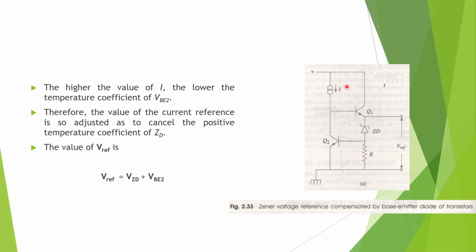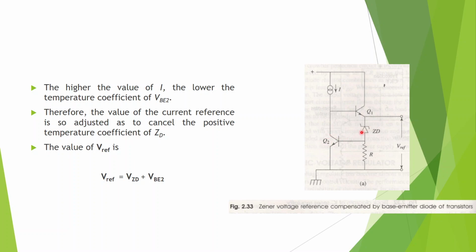So this value is so chosen that this temperature coefficient cancels the positive temperature coefficient of this Zener diode. So due to a change in temperature, there will be a positive temperature coefficient here, and the temperature coefficient here will be of the same value but of the opposite polarity.